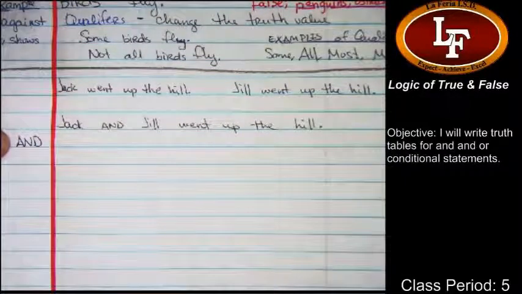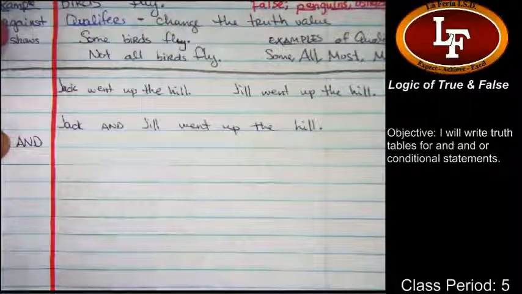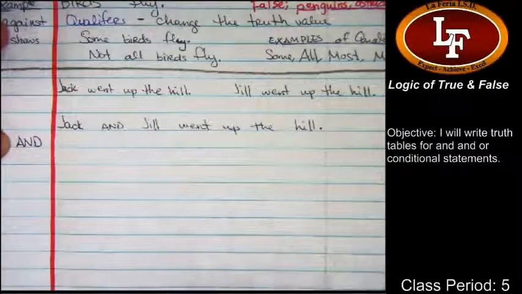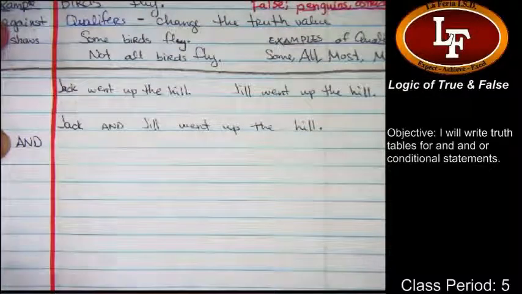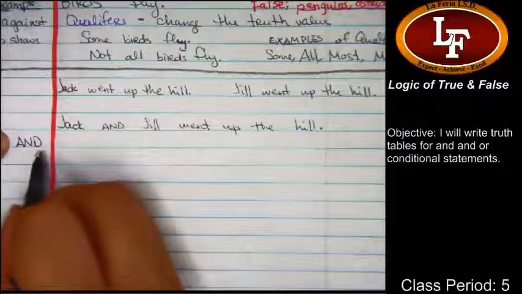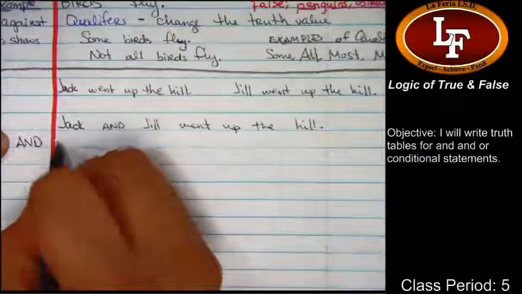This is going to hold true: for a statement that has the word "and" in it, for it to be true, both parts of it have to be true. So that's what we're going to write here.